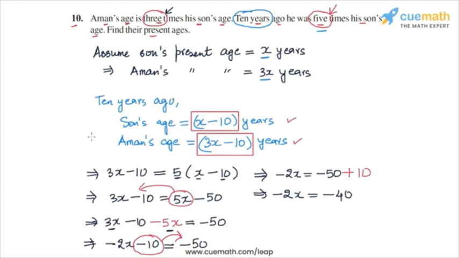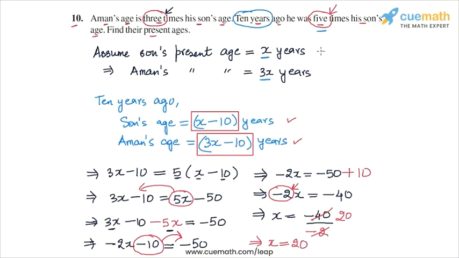And now all we need to do is divide both sides of the equation by minus 2, because we need to get rid of this minus 2. Okay, so let's do that. We will get x is equal to minus 40 divided by this term minus 2 from the LHS. So we have minus 40 by minus 2 is 20, and hence we obtain x is equal to 20.